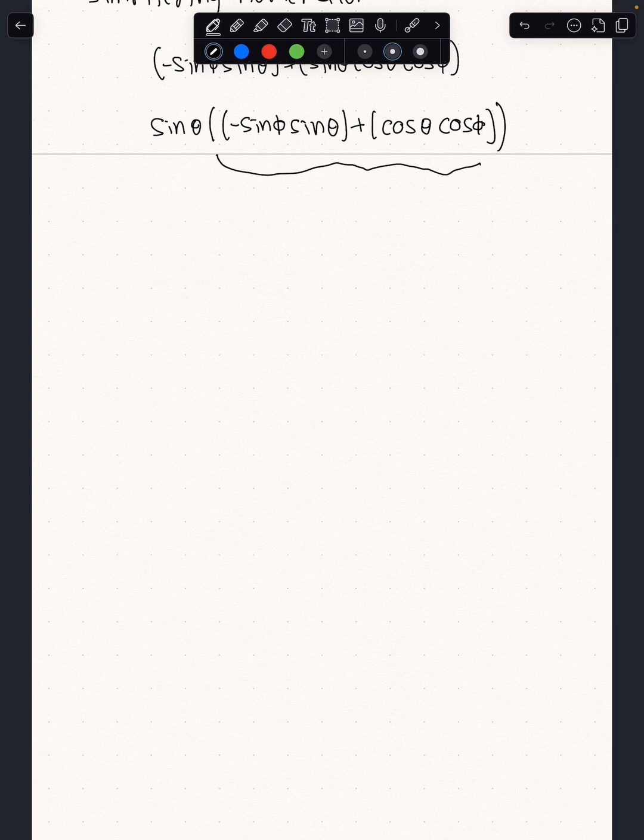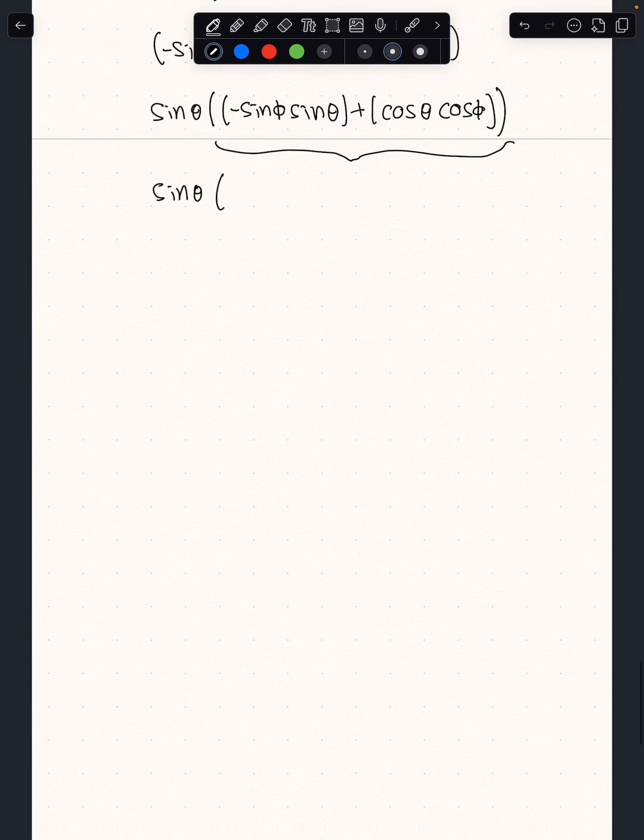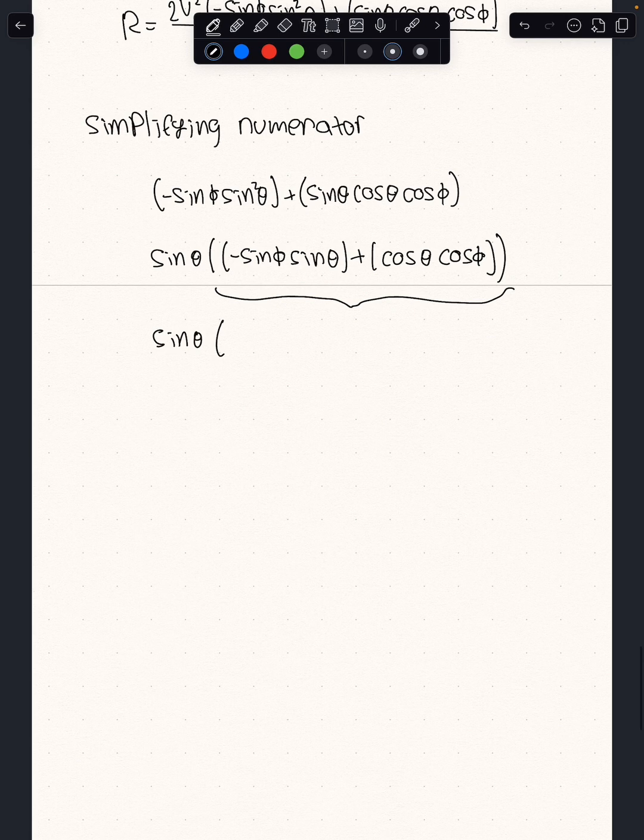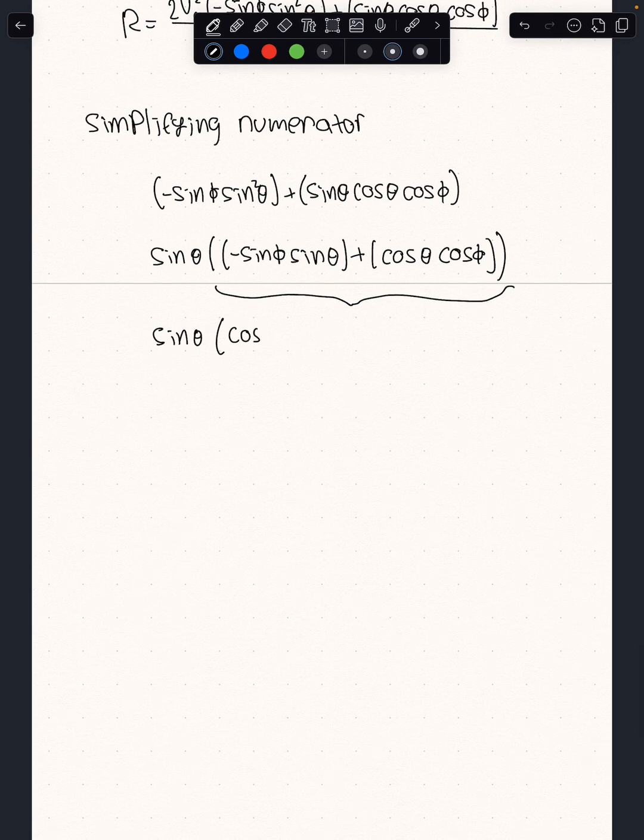This big term here can simplify. We keep the sine theta out front, and we get sine theta. This negative sine phi sine theta can go to cosine theta cosine phi minus sine theta sine phi.